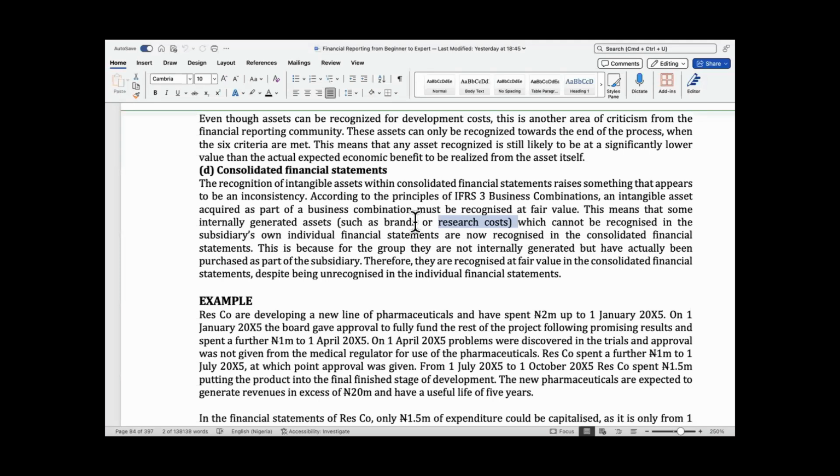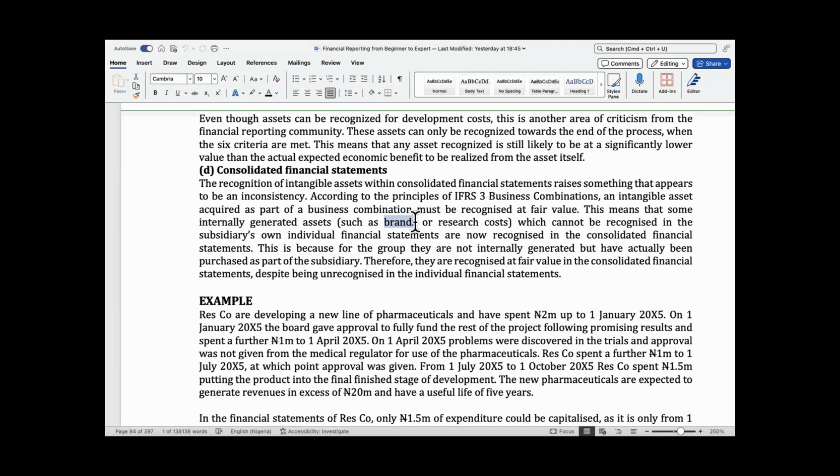But a parent or an entity can buy another company and it pays for the brand. As soon as it pays for the brand, that means you recognize. In fact, IFRS 3 says that internally generated intangible assets can be recognized in the consolidated account at fair value, as in the group account at fair value. So you should take note of those ones.